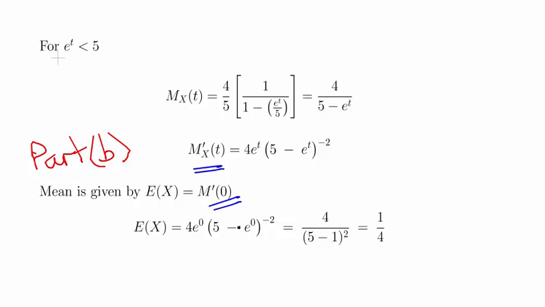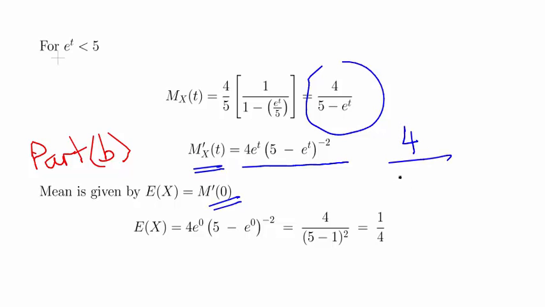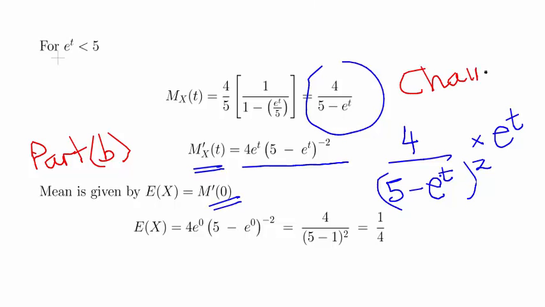It's a short enough one. So essentially, get the derivative of this, which is 4 times (5 minus e to the t) to the power of minus 2, times e to the t. Just watch out: what I'm getting at here is the chain rule when you do the differentiation.